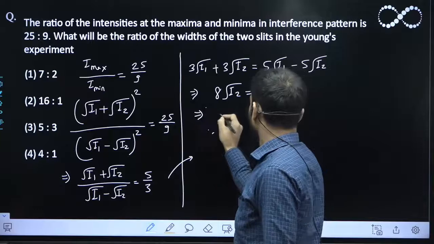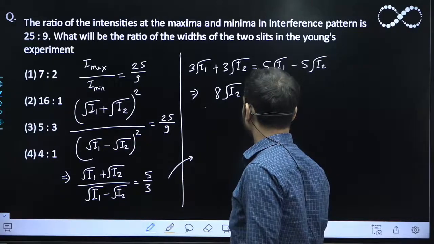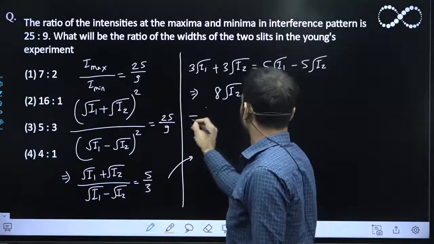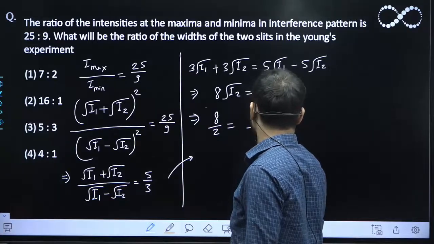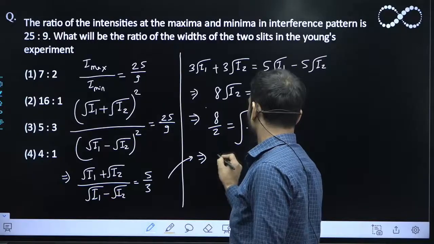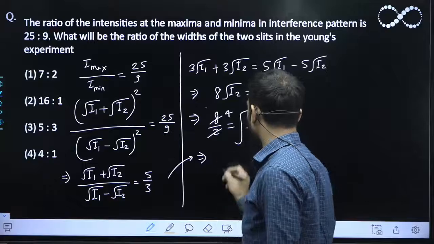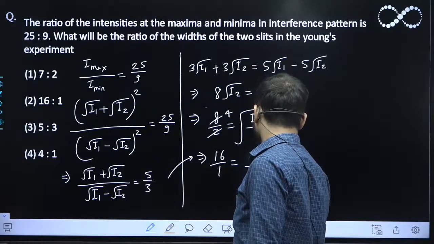So from here I can say 8 upon 2 will be equal to root I1 upon root I2. So this will become 4, and if I do the squaring both sides, then we will get 16 upon 1 is equal to I1 upon I2.